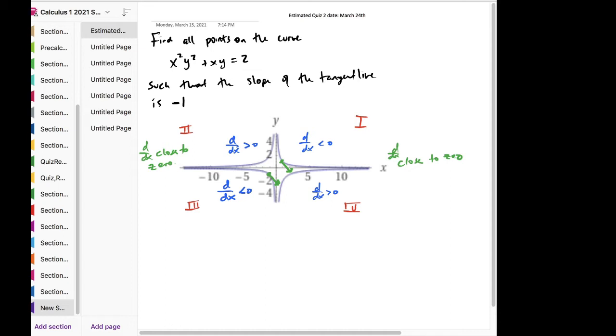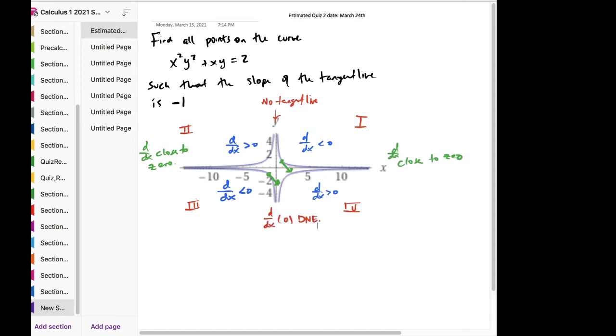Is there any point? I think there is one. Yeah, 0, for x values. So right here at 0, there's no tangent line. Right, it's an asymptote. So you expect the derivative not to exist.